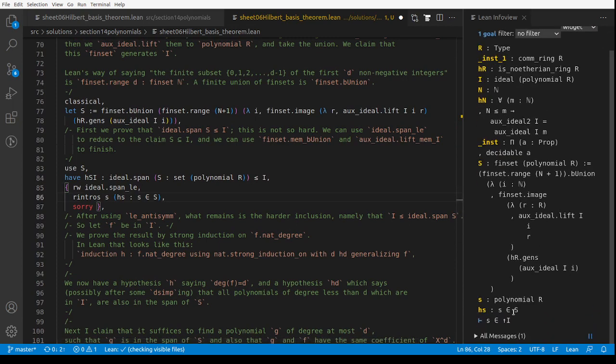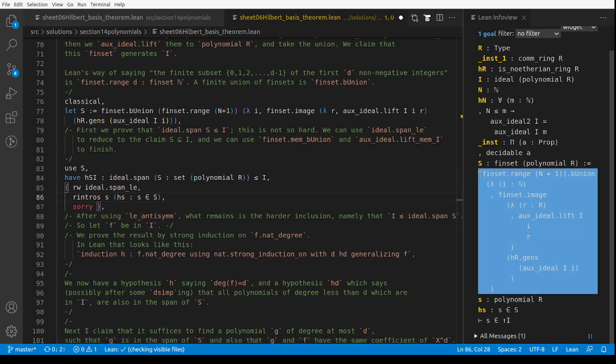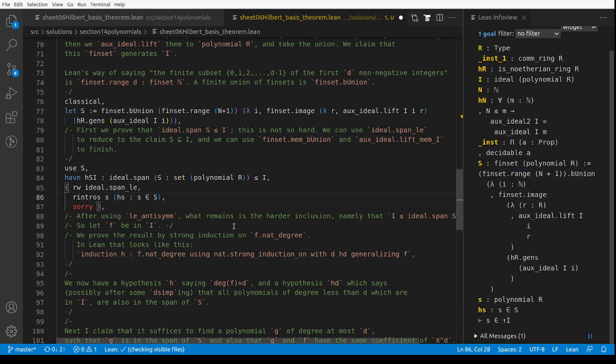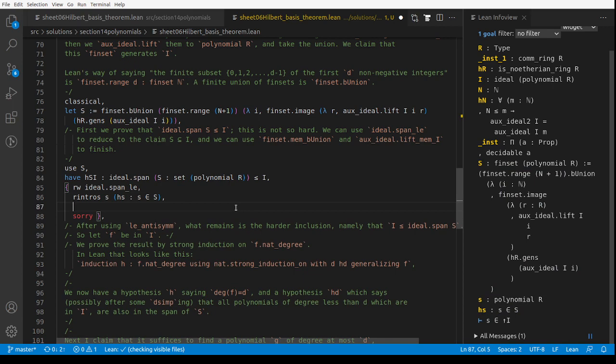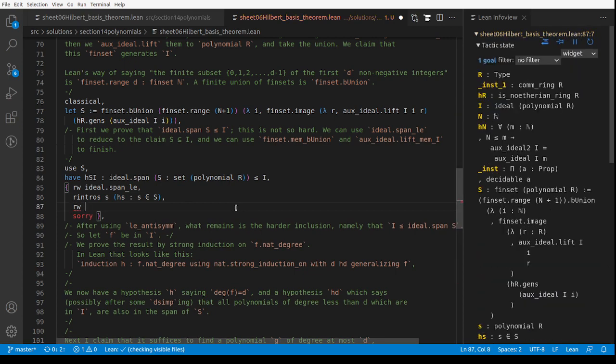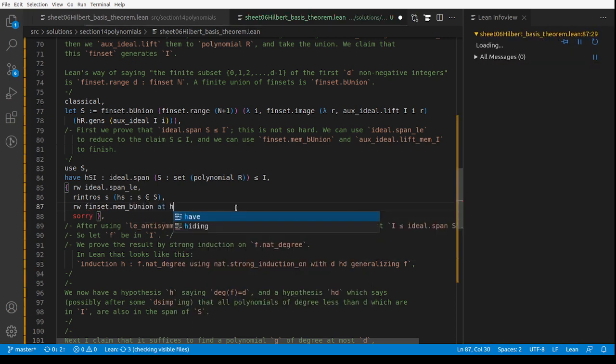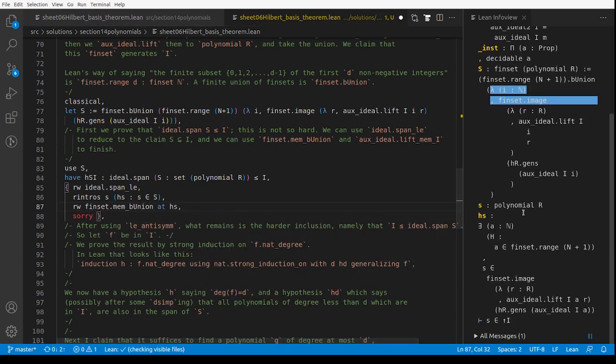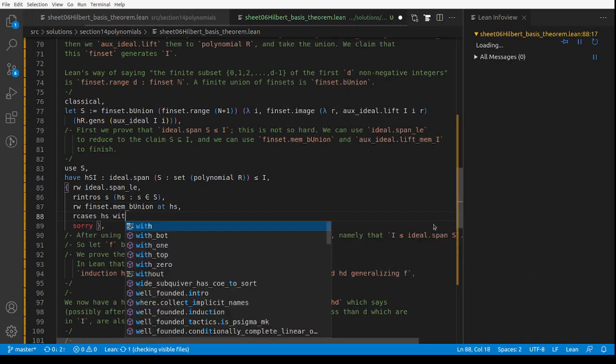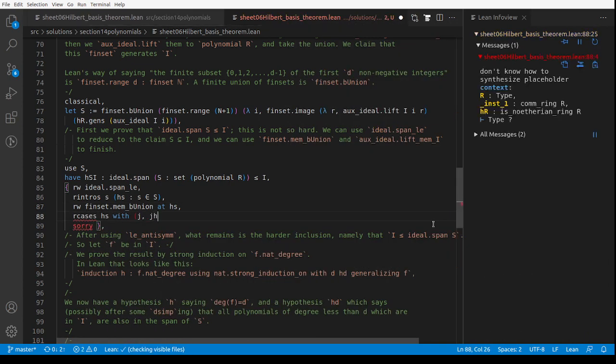It did. Great. And so now, S is defined to be finset.biUnion. So I can rewrite finset.mem_biUnion at hs. And so now hs says this, and so now we can take it apart. So our case is hs with whatever j, hj.